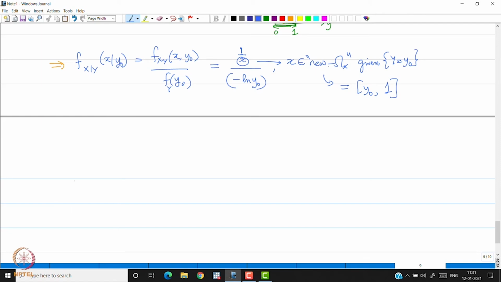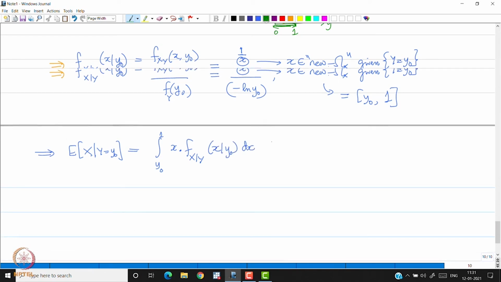Then what happens to the conditional expected value? The conditional expected value that we want, of x given y equal to y naught, is going to be the integral from y naught to 1 of x multiplied by f of x given y, of small x given y naught, dx.